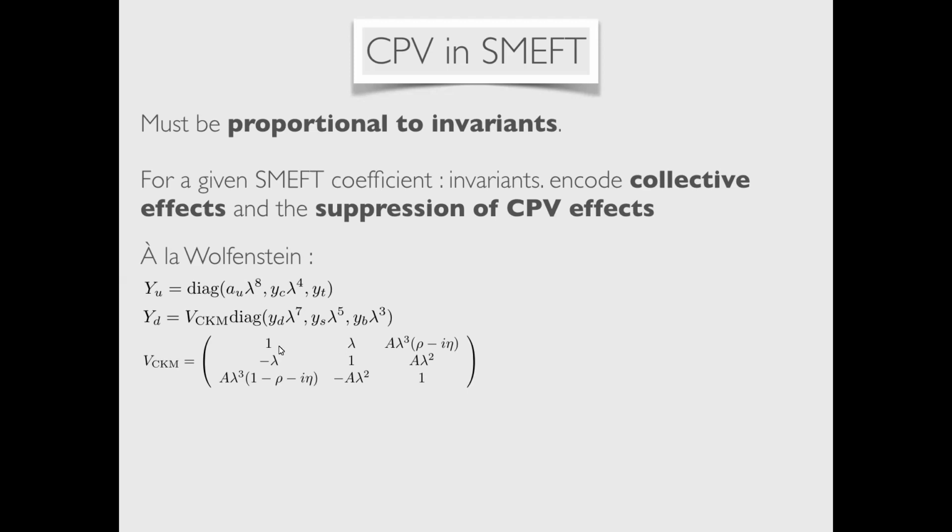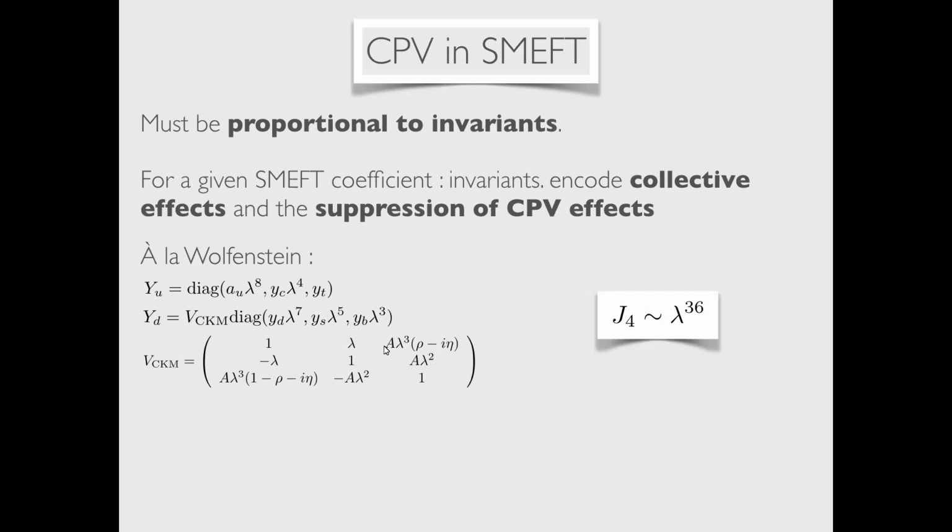That's the kind of suppression you find for masses or mixings. So you can plug this in and estimate at which order CP is violated given the size of an invariant. For instance, if you evaluate the usual invariant of the standard model, you get this suppression, roughly up to some order 1 coefficients associated to the actual values of the masses and of the mixings.